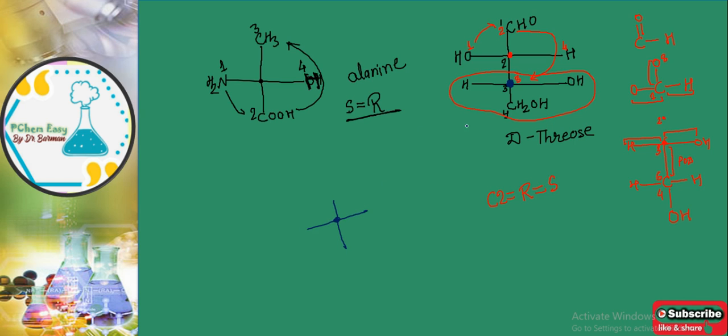This is C3, with 4 groups: C2, OH, H, and the fourth group, which is the complete remaining group, CH OH, C O OH. Okay, now let me open this also, so it will be easier.